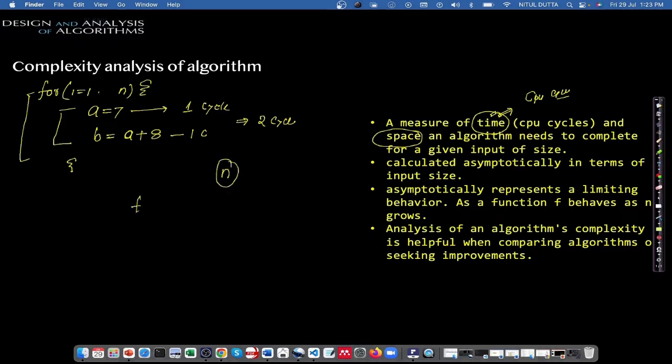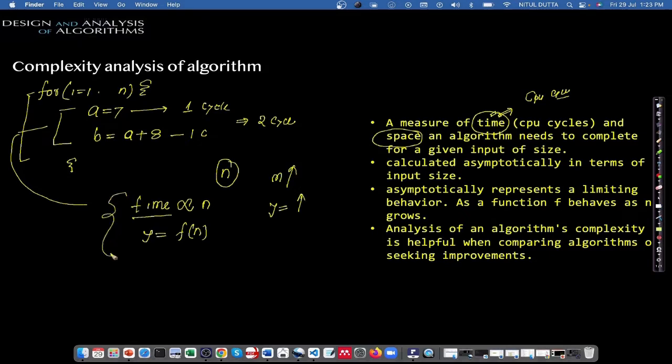The time required to execute this code segment is directly proportional to n. If I say that this time is y, then y is a function of n. And as n grows, the value of y will also grow. So that is the measure of time complexity of any algorithm.